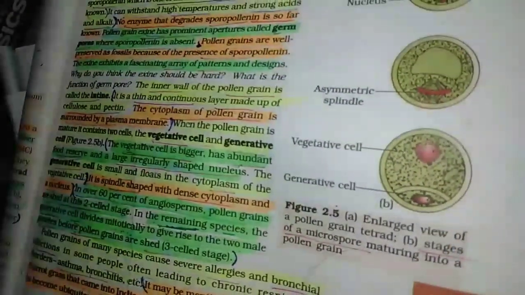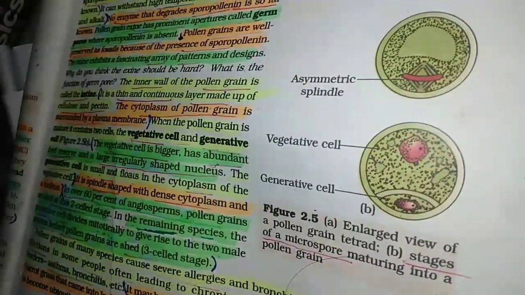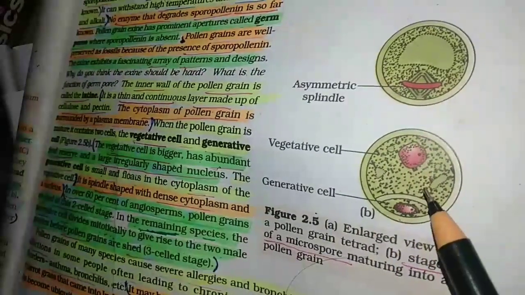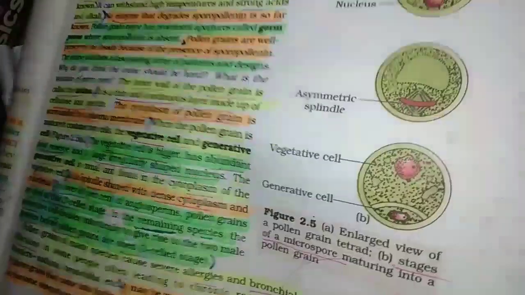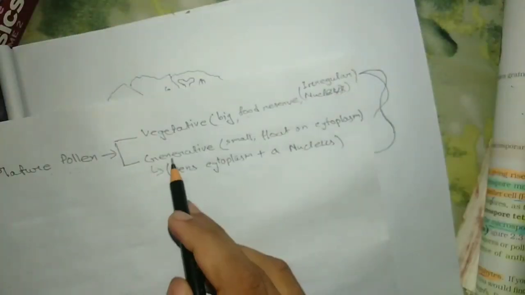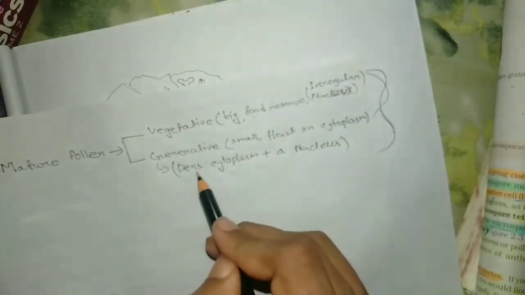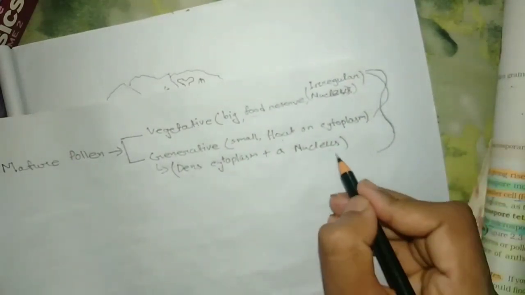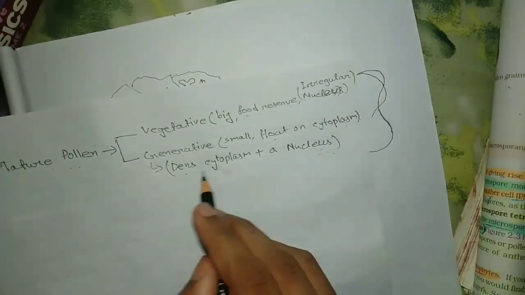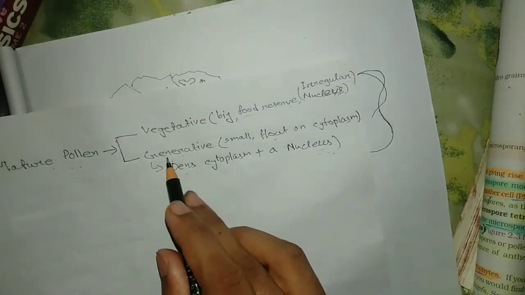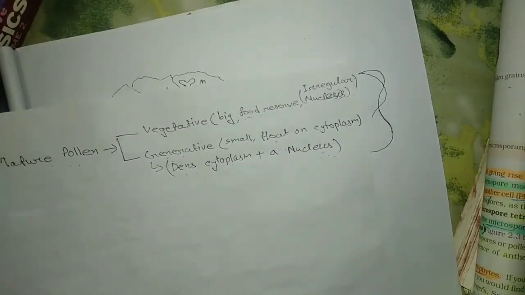I'm talking about this part. Here the generative cell floats in the cytoplasm, but this cytoplasm is dense and a proper nucleus is present. A proper nucleus is present in dense cytoplasm. This is known as the generative cell, which is small.